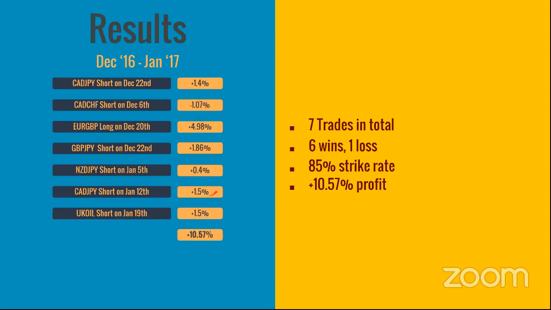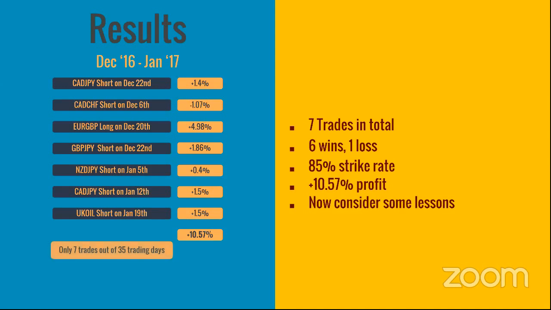By the time you add all the profits and deduct the loss, the total profit for that duration of time was 10.57%. So that's all well and good, but there are some important lessons I think we need to consider.